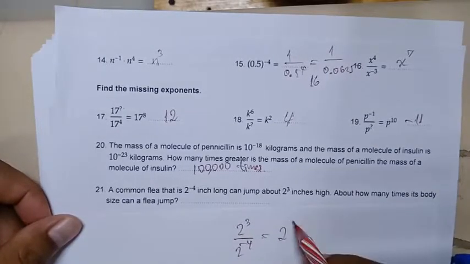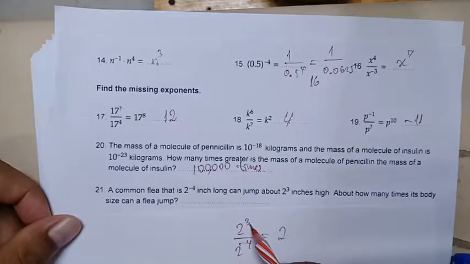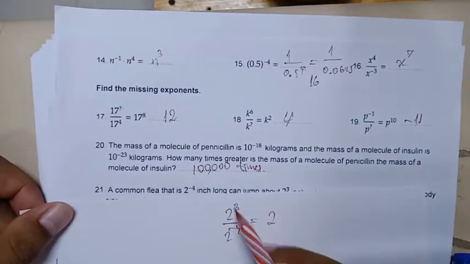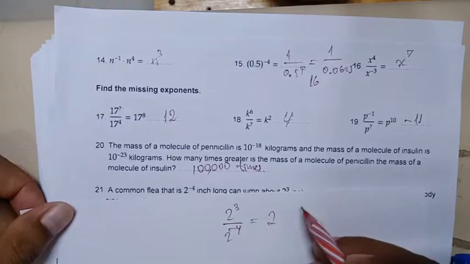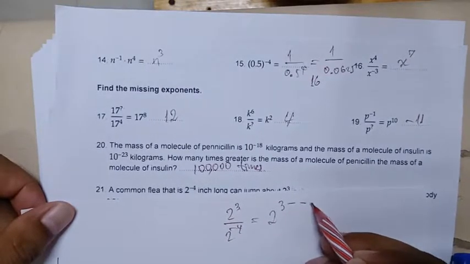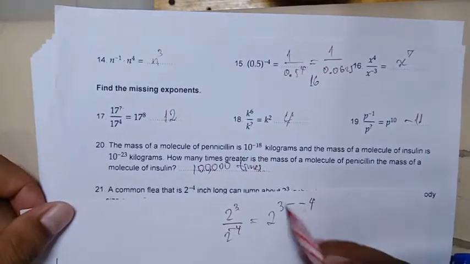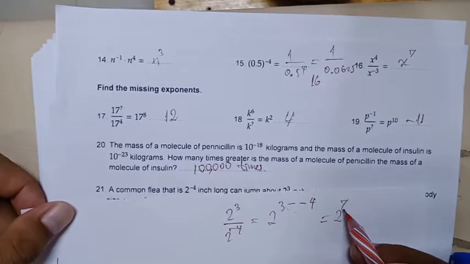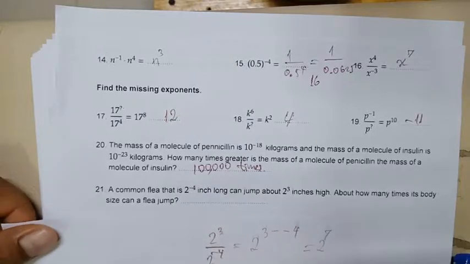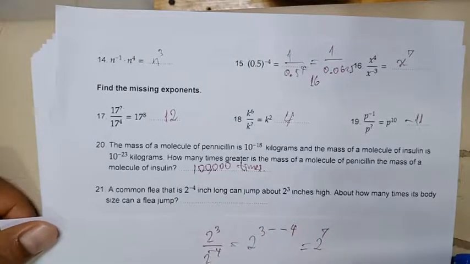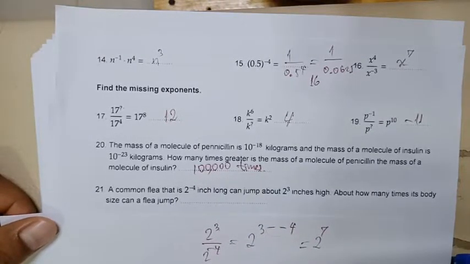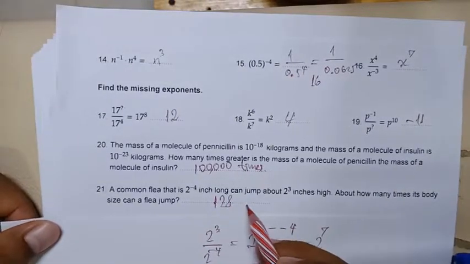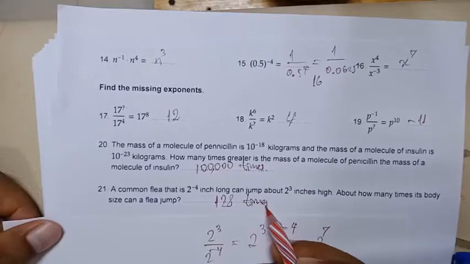So you have 3 minus negative 4, or 3 plus 4, so equal to 2 raised to 7. So if you're going to work out 2 raised to 7, 2 raised to 7 is equal to 128 times.